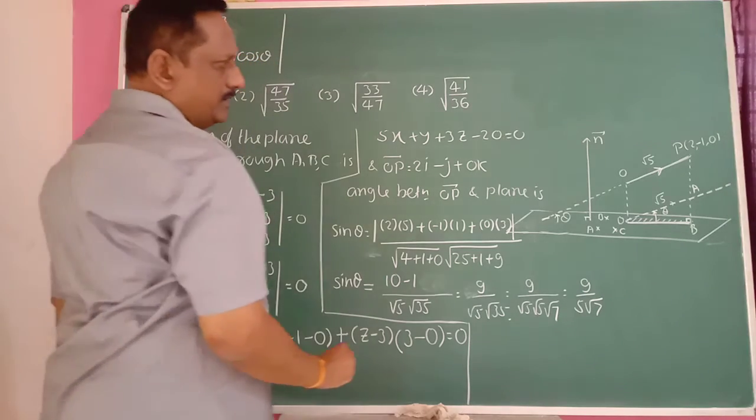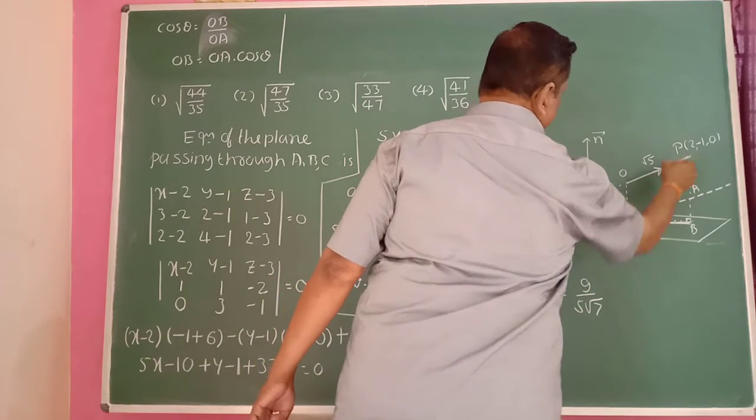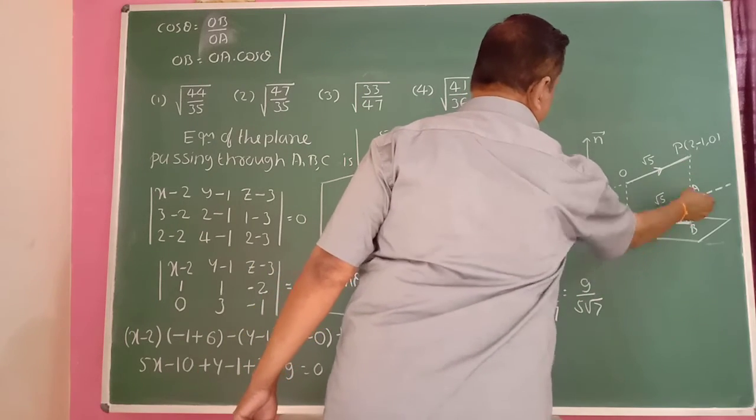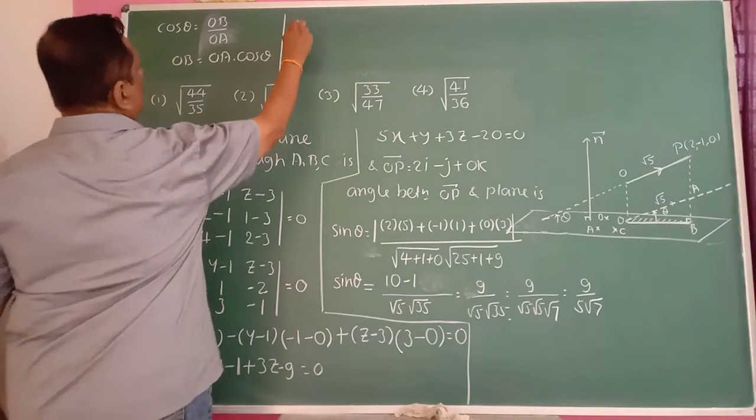In this case, here this vector is root 5. OA is also root 5.